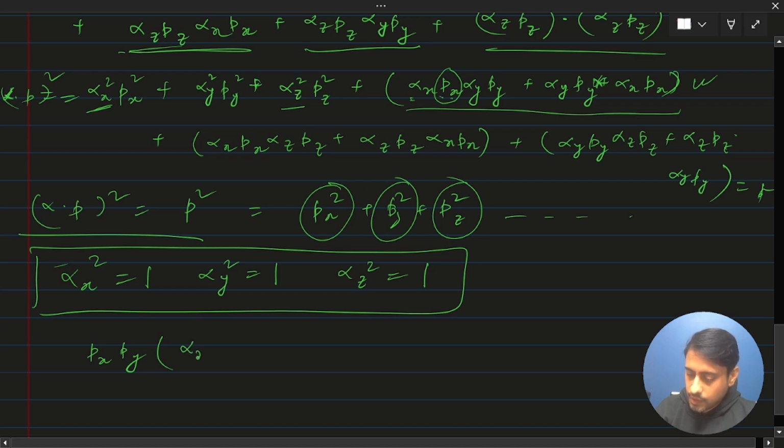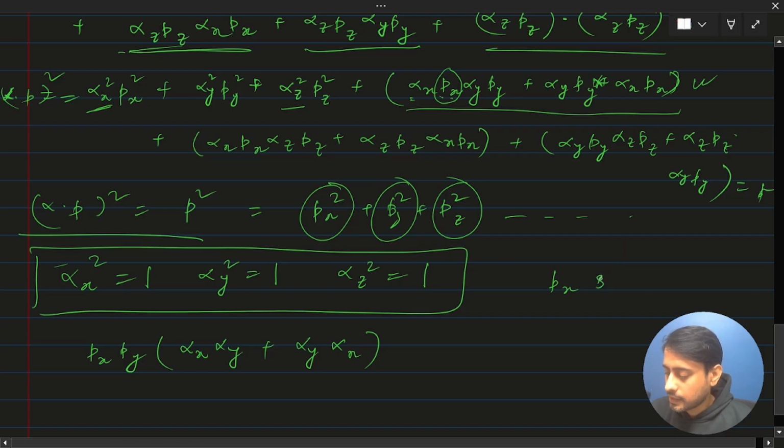We get alpha x alpha y plus alpha y alpha x. Now one thing we need to be clear about is that px and py also commute.